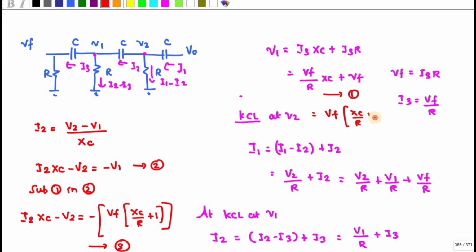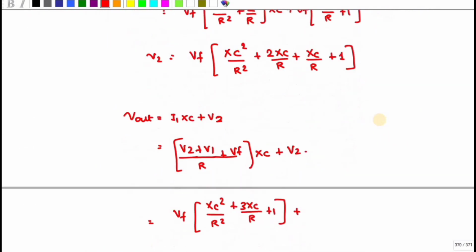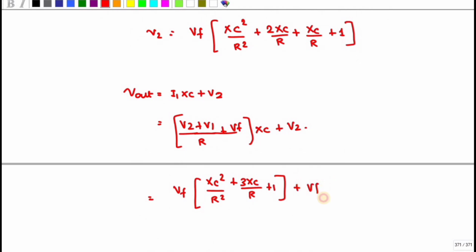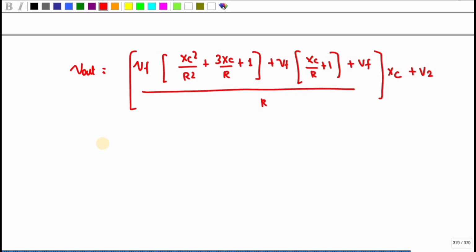Okay. V1 is equal to Vf into Xc by R plus 1 plus Vf divided by R into Xc plus V2. So I can take Vf common, right?